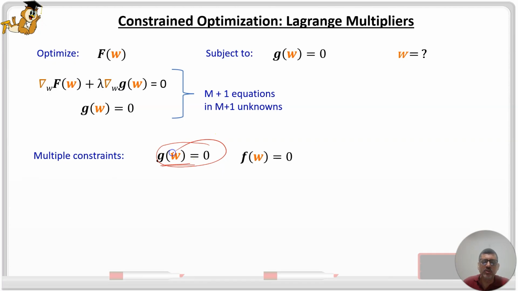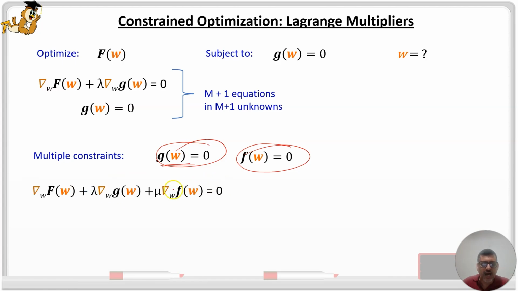Let's say you had g(w) equal to 0 and small f(w) equal to 0, two constraints. What you would end up having are two Lagrange multipliers. For g I am using lambda, for f I am using mu. Both lambda and mu are some constants, and you could write an equation like this.